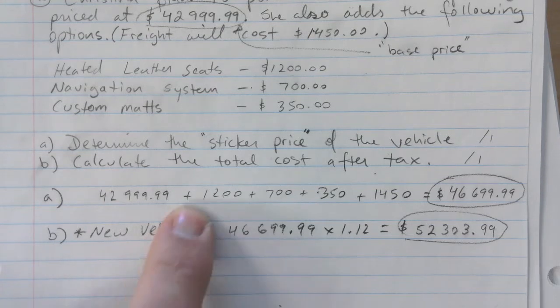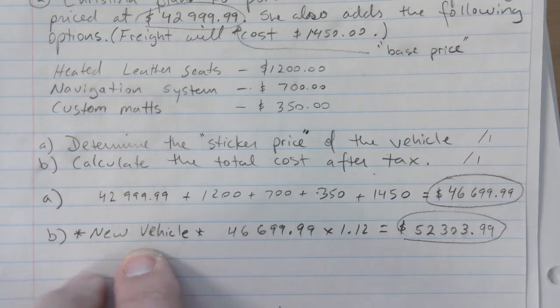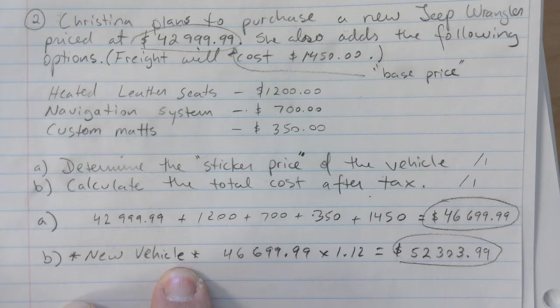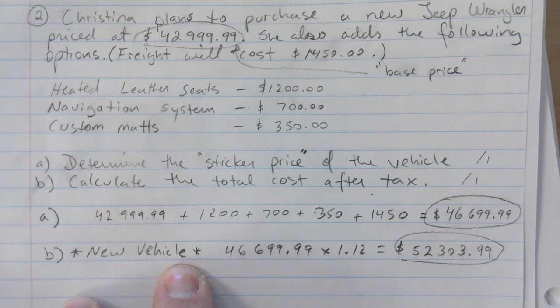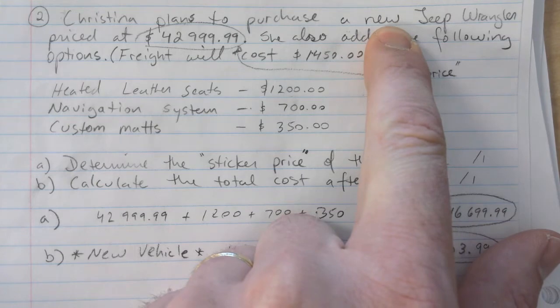And I make a note here because after a while, we're not just going to have a new vehicle, but it's very important that you key in on that term, a new vehicle here. How do we know it's a new vehicle? It does say at the top here, actually, brand new.